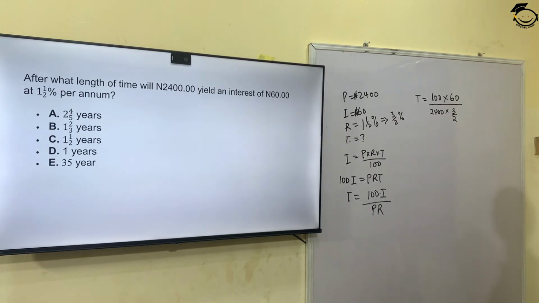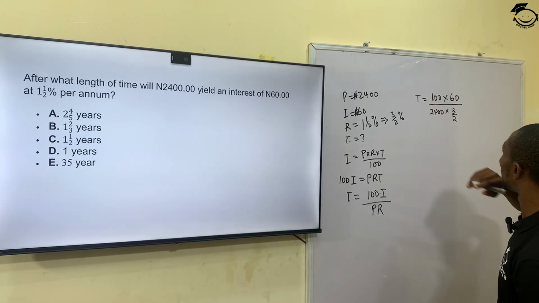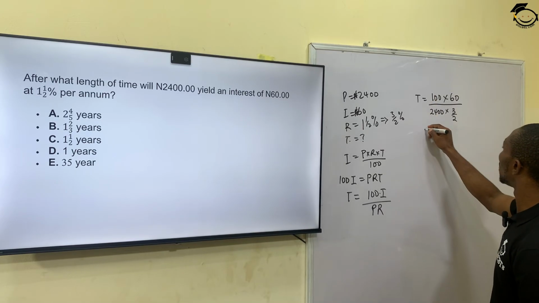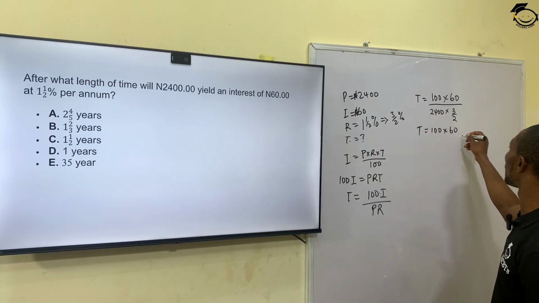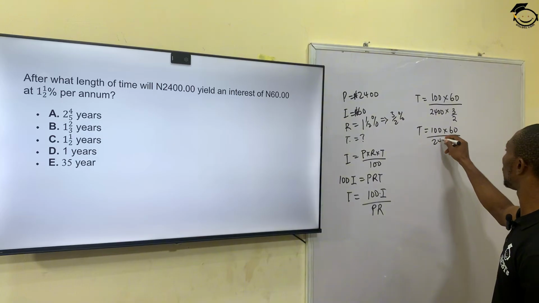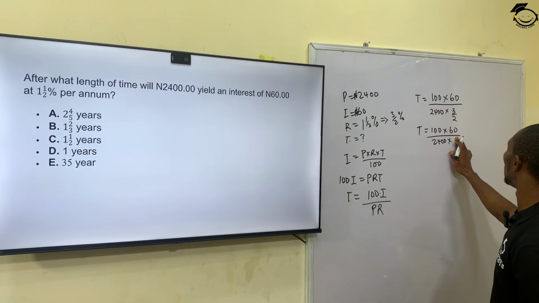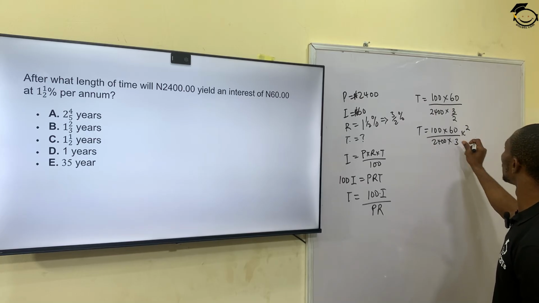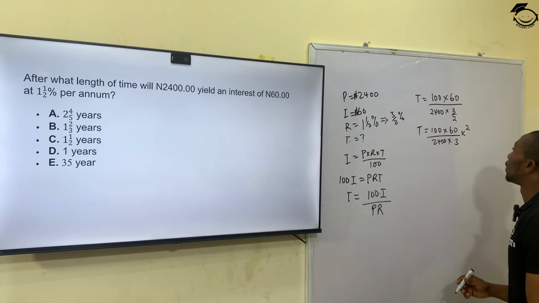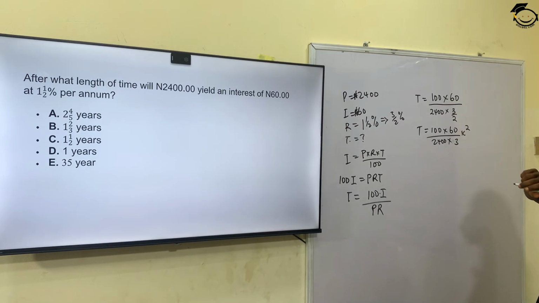All right, now if we do the inverse of this, it becomes t equals 100 times 60 all over 24 times 3 over 2. Okay, now here our denominator will go up while our numerator comes down.